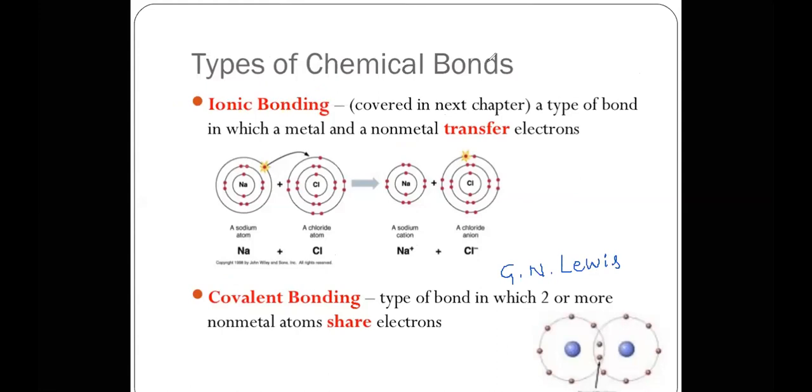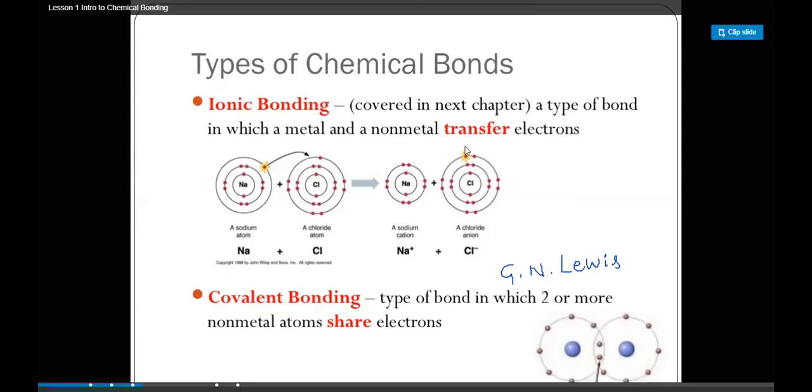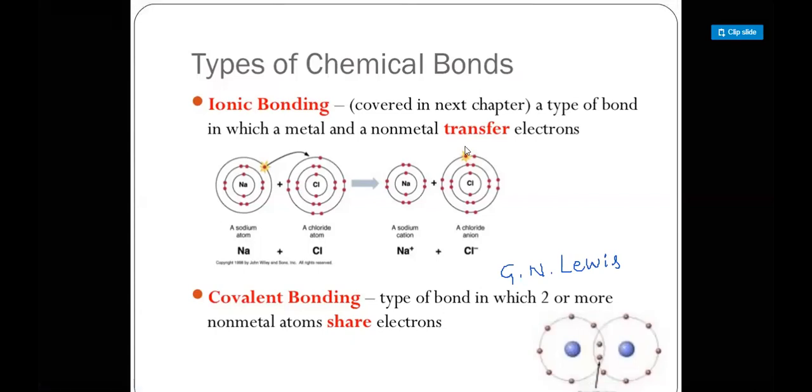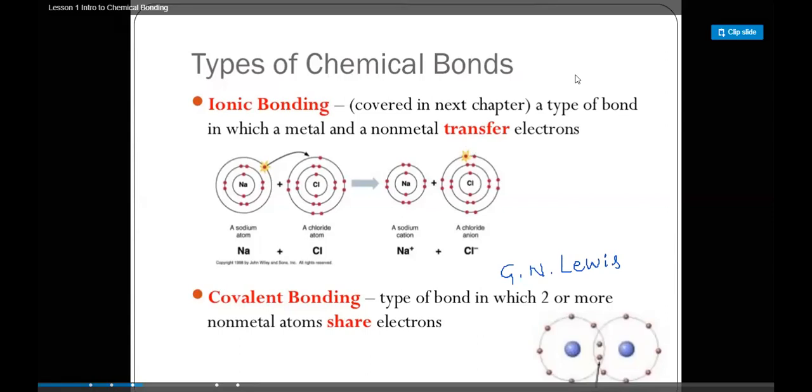In the case of a covalent bond, the bond is formed by sharing of a pair of electrons from the valence shell of two different atoms, or you can take it as the same atoms as well, in which two or more non-metal atoms share electrons in the valence shell.